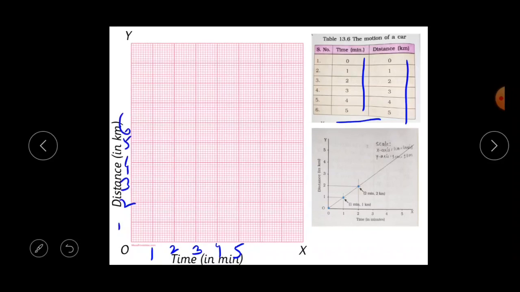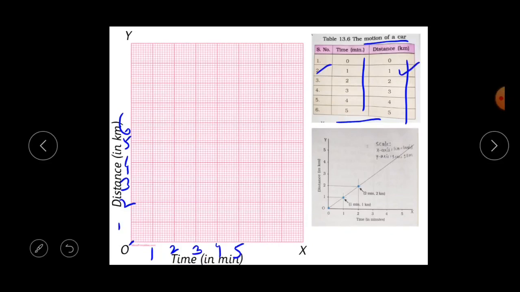Now let's draw the graph. First you have to see the time. Take the motion of the car. At 0 minutes, the car has covered 0 distance, so it should be here. We'll put the mark here. Next, come to the second one. In 1 minute the car travels a distance of 1 kilometer.